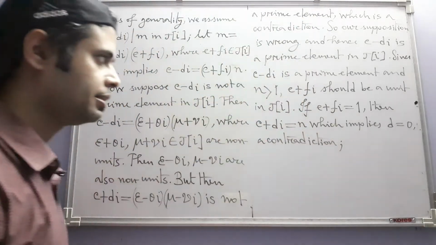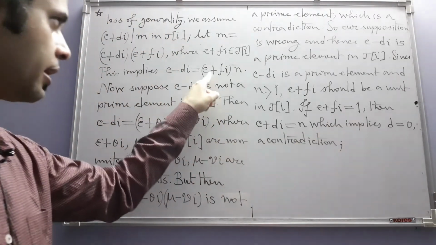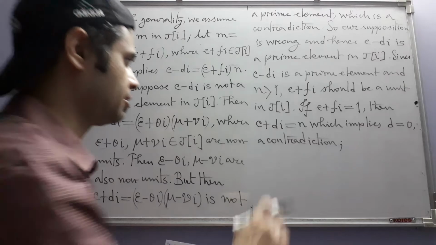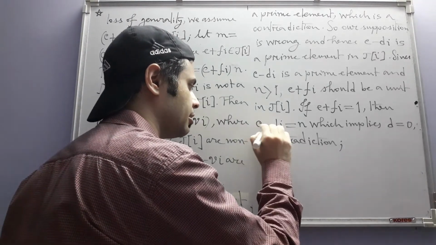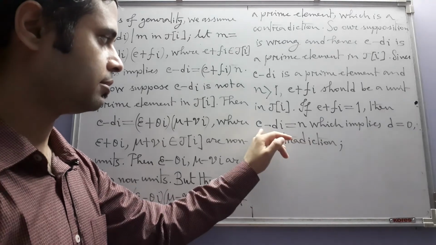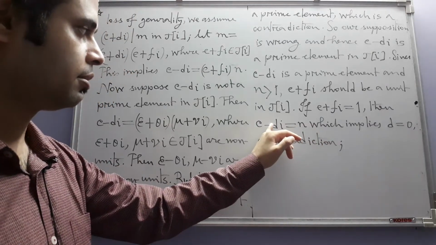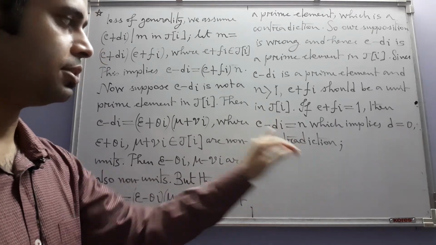Do you see why this is a contradiction? This of course is clear. If this is 1, then c minus di, again I have written c plus di, c minus di is equal to n, but then since n is real, c will be equal to n and d will be equal to 0.